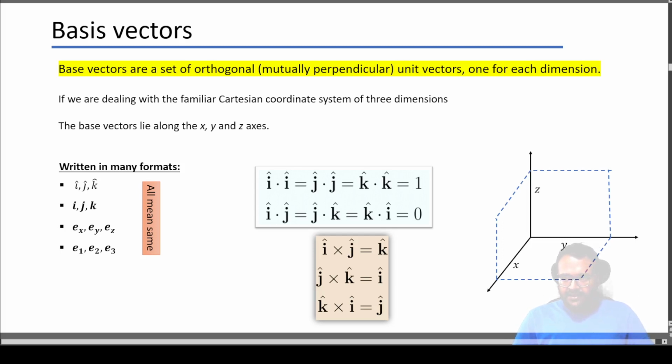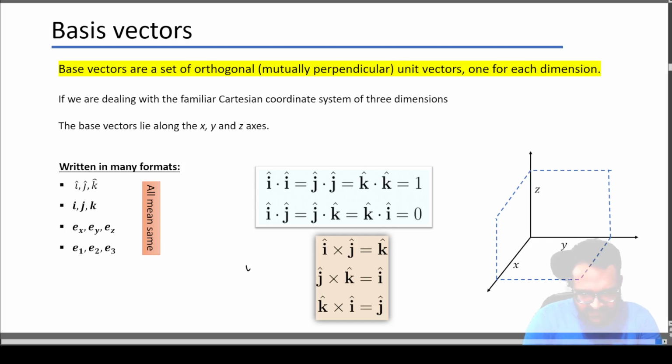And if you have a cross product, I cross j will be k, j cross k will be I, k cross I will be j. They work in circular permutation.